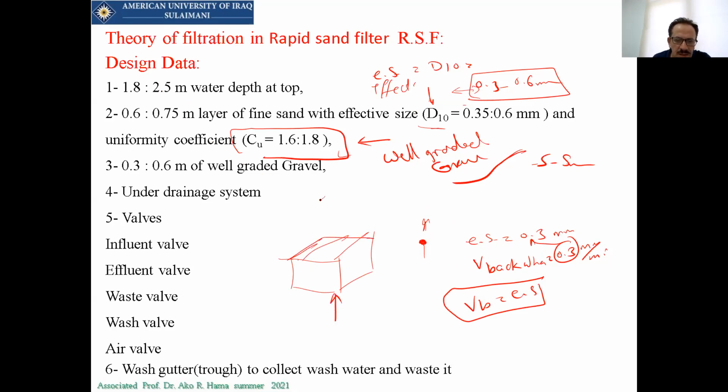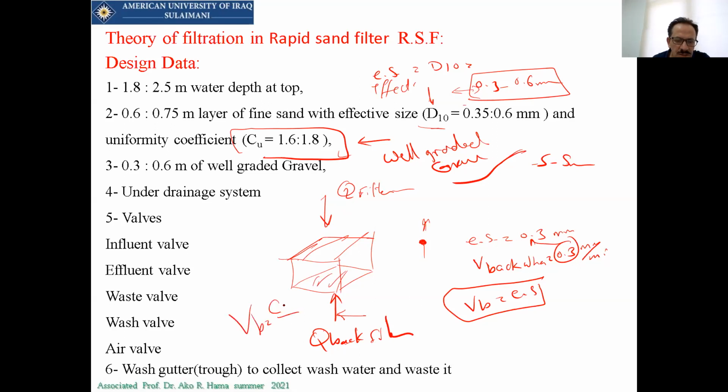We say this is Q. This is the filtration, Q filter rate. This is Q back, or back filtration. The Q back filtration is the reverse of the flow. When it happens, we use it just for cleaning the water. This Q divided by the area of the filter bed will give you V backwashing.